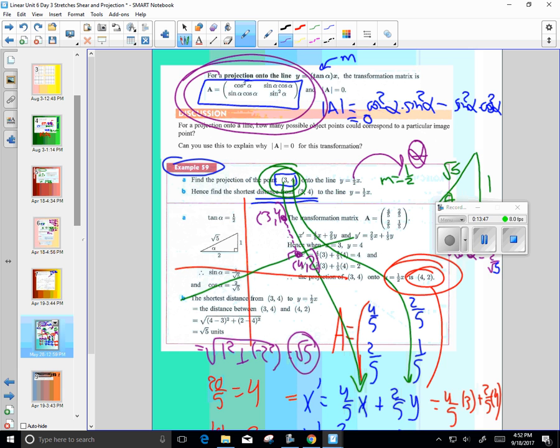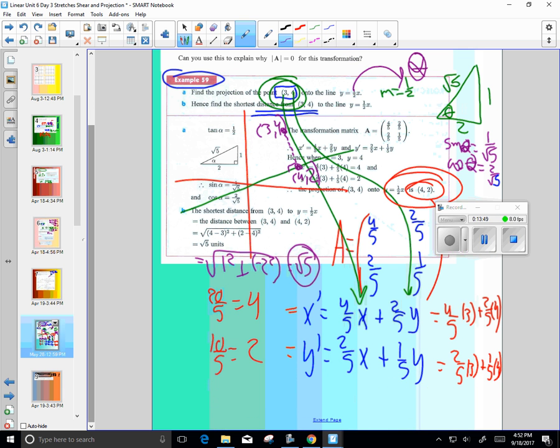Then you can put that into the old x prime equals ax plus by, y prime equals cx plus dy, and then you can transform the point by plugging those in. That is it for geometric transformations.